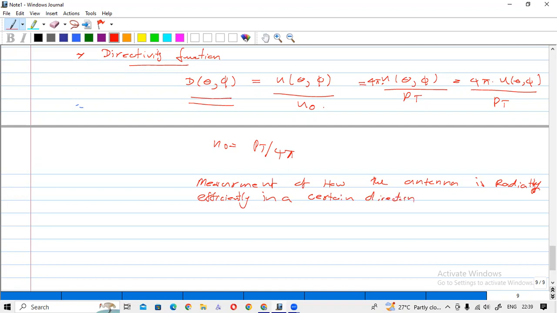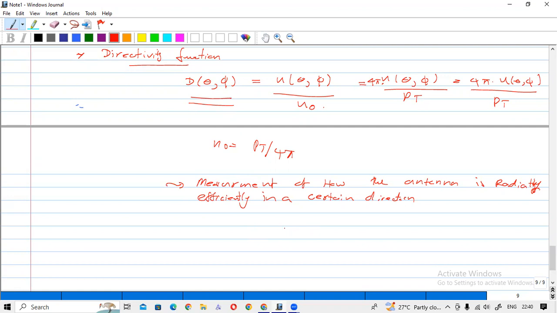So using this directivity function, you can measure the radiating efficiency of the antenna in a particular direction. So that is the use of the directivity function.